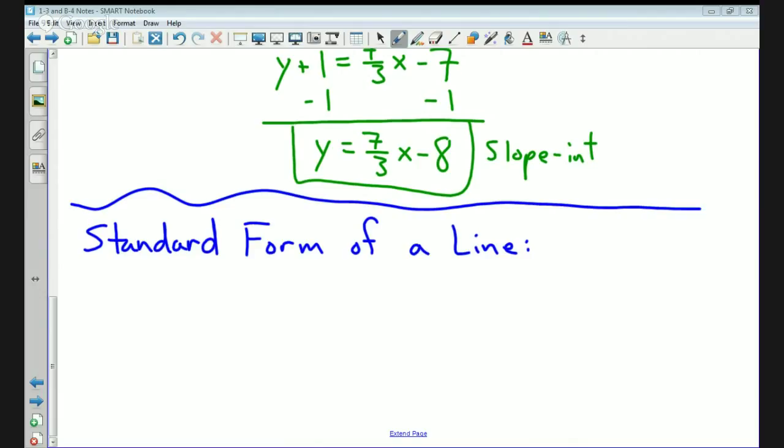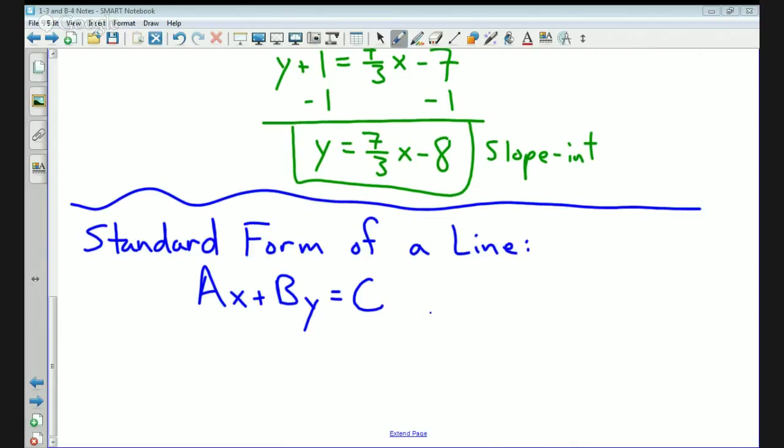And the reason for it is once you see it here, we'll have a capital A x plus a capital B y equals c. This form allows you to sketch things using what they call the intercepts much easier.